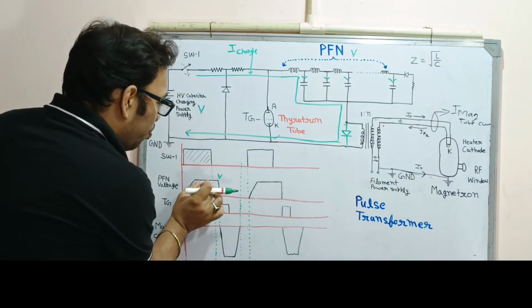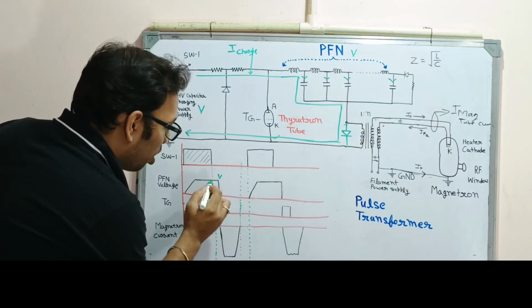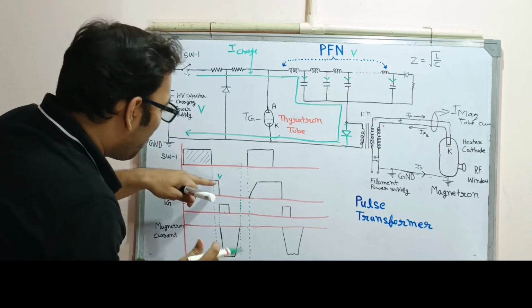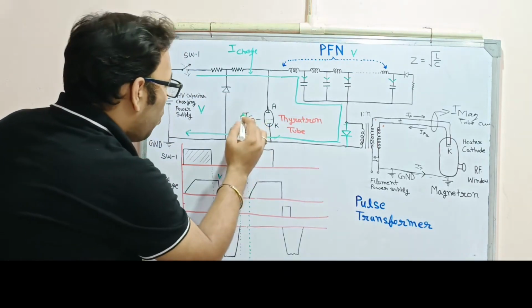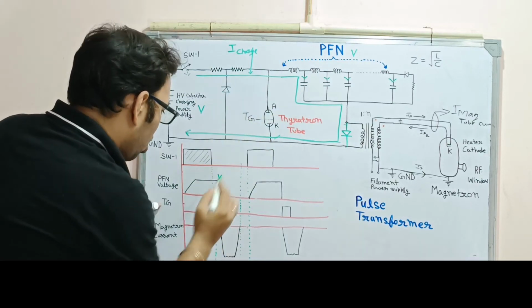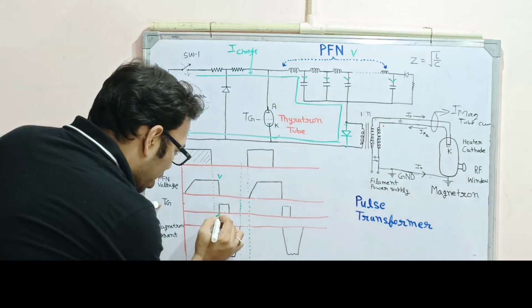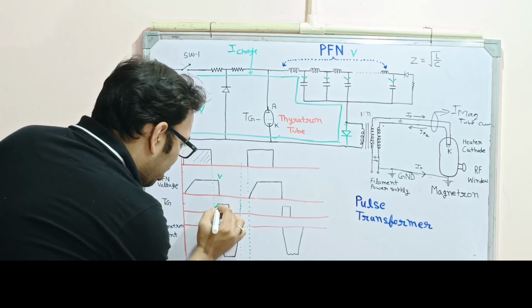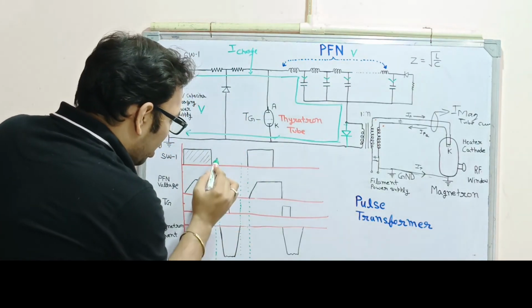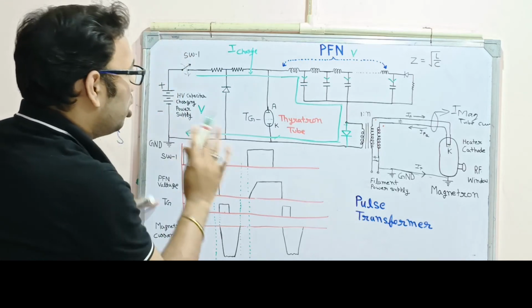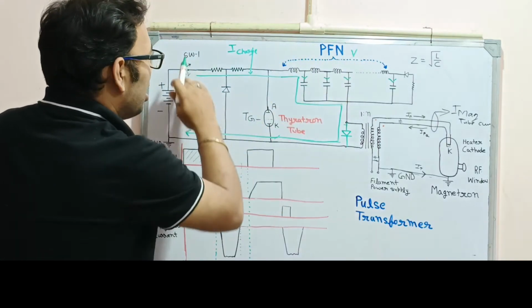So PFN is charged and held for this duration, and after this point, if you see the thyratron trigger TG, now I turn on this thyratron. In this point I just turned on the thyratron switch, and at this point the HUPS is in off condition, so that this is also not discharged and this is also not discharged.